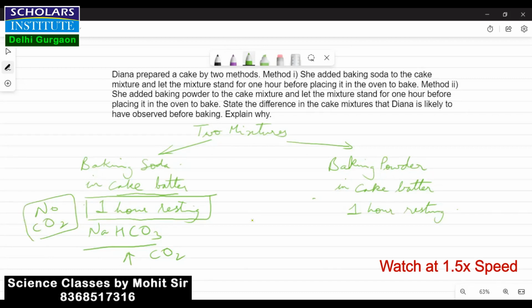Let us come to the batter which has got baking powder. What is baking powder? It is NaHCO3 along with any edible acid like tartaric acid.